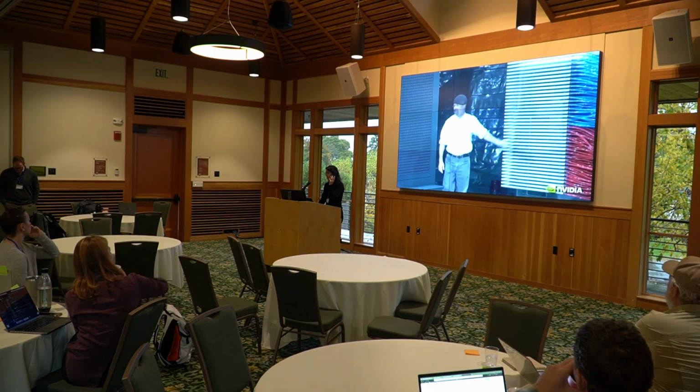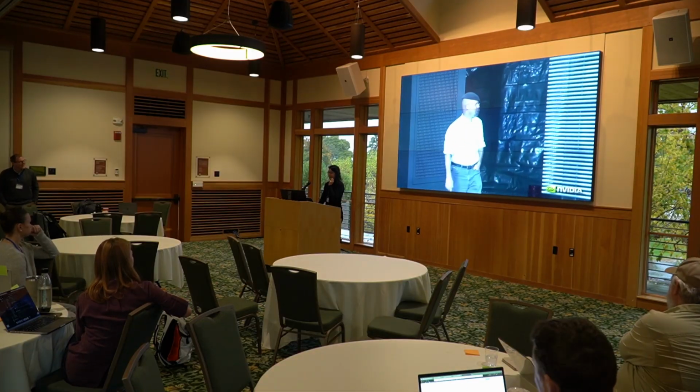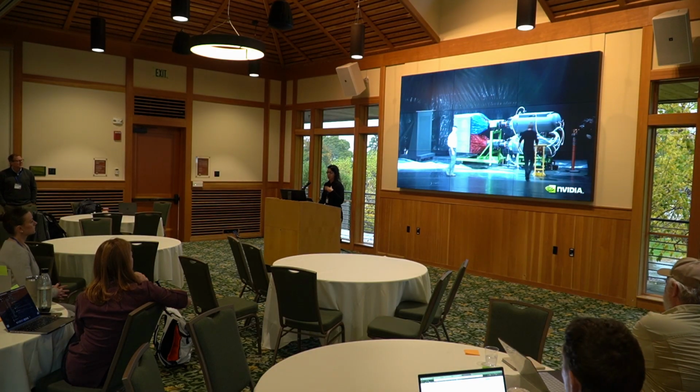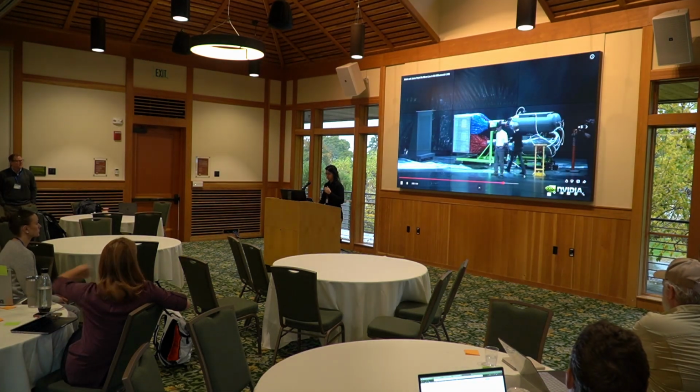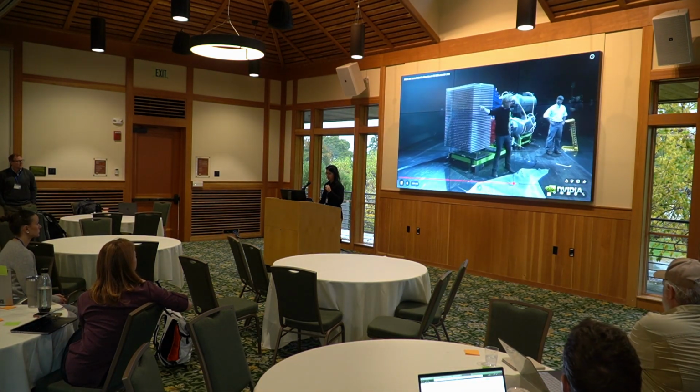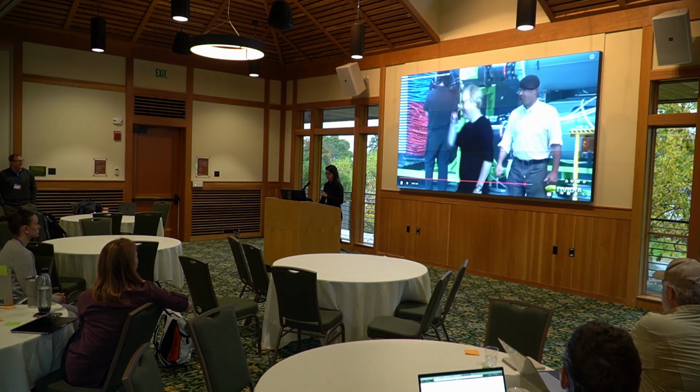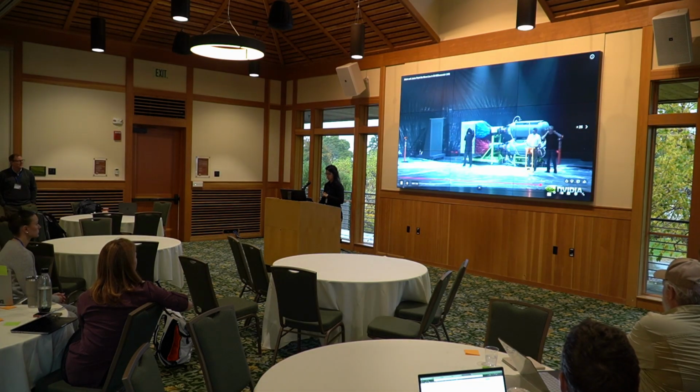The idea is to show what you can do with a GPU. I don't want to spoil it, but they're going to shoot some stuff. Okay, come on, hit the red button.